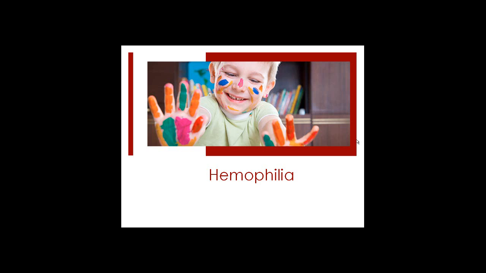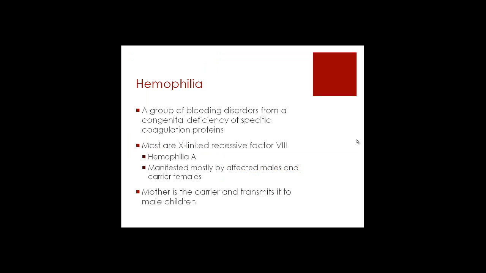So for hemophilia, the one we're going to talk about is that where clotting factors are often deficient due to a genetic cause. Hemophilia is a broad classification. It's a term for a group of bleeding disorders from a congenital deficiency of specific coagulation proteins. Most are X-linked recessive factor 8.